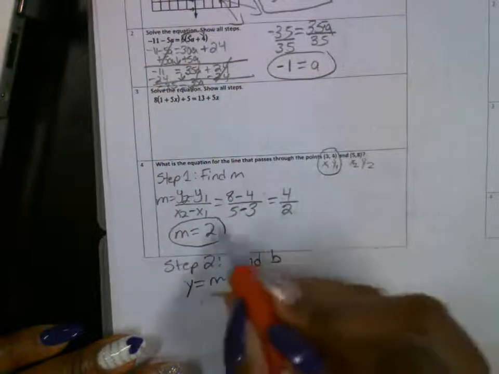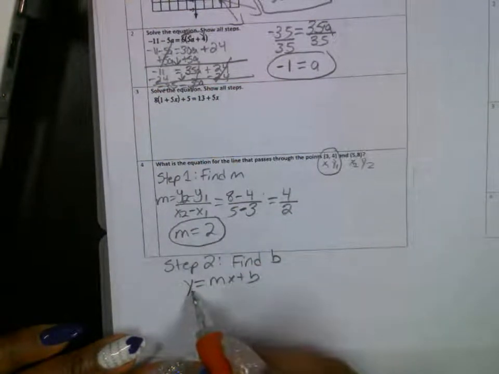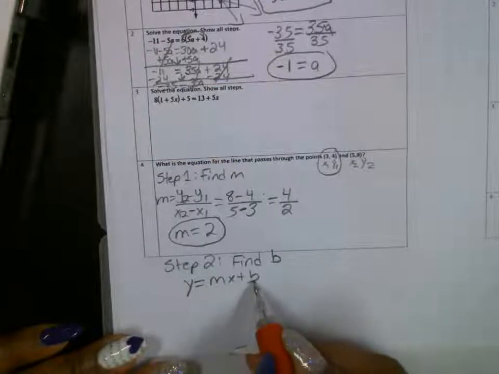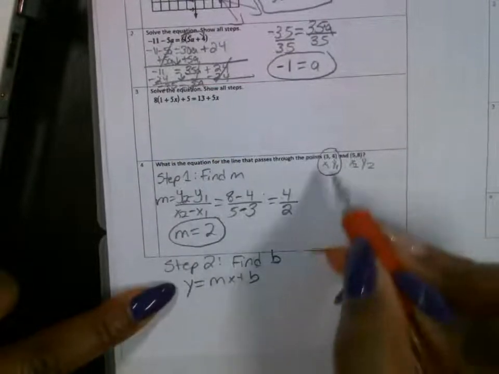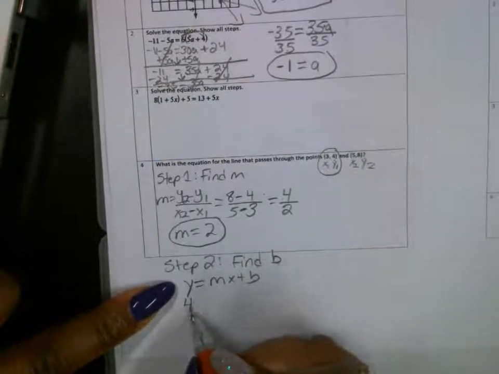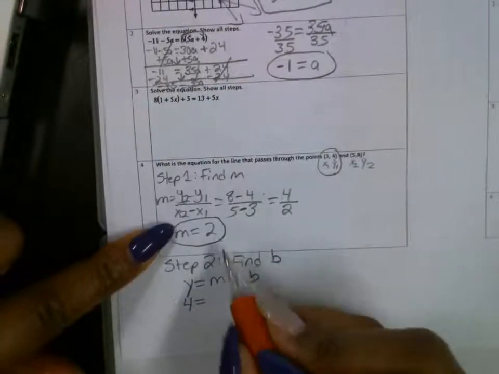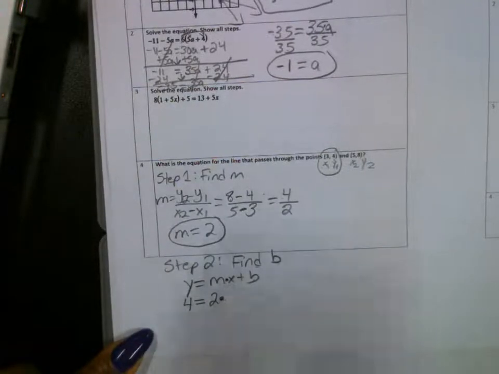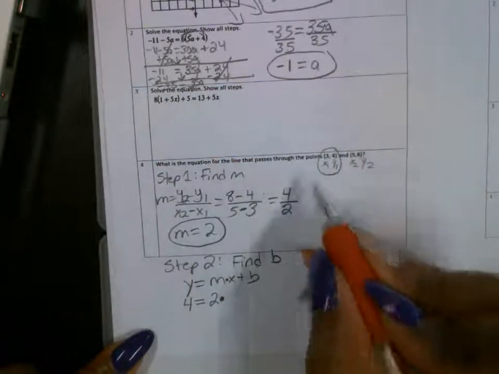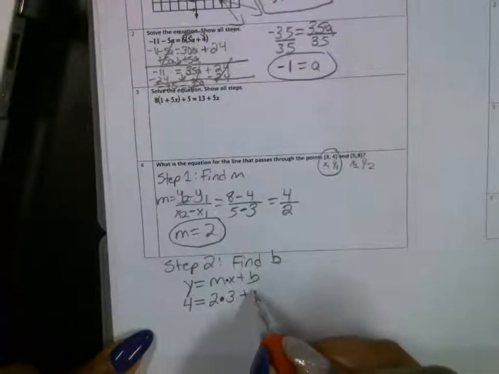So I'm going to take this information and substitute it into slope-intercept form to solve or find b. My y is going to be 4. My m is 2. This is multiplication here. My x is 3. Bring down the plus b.